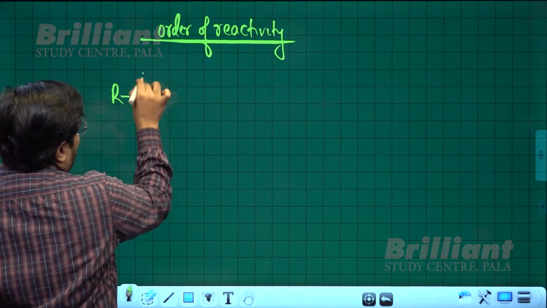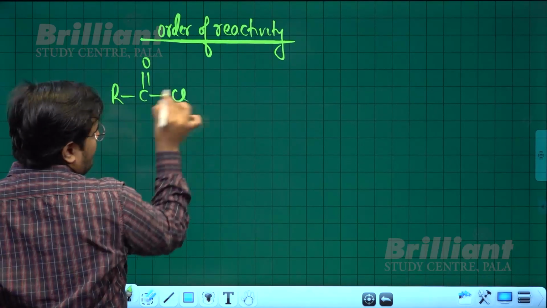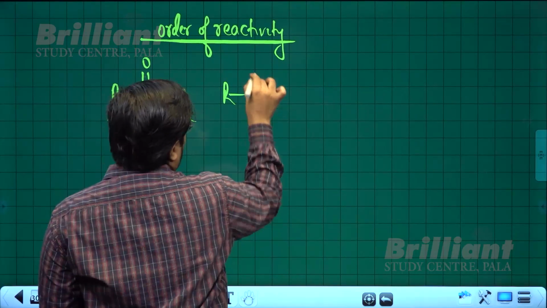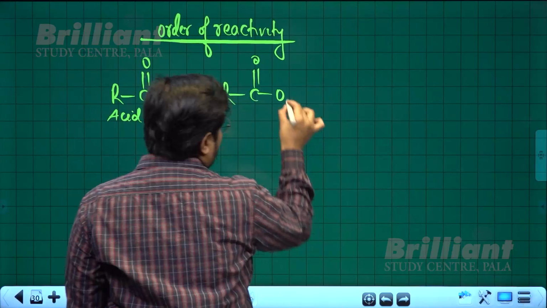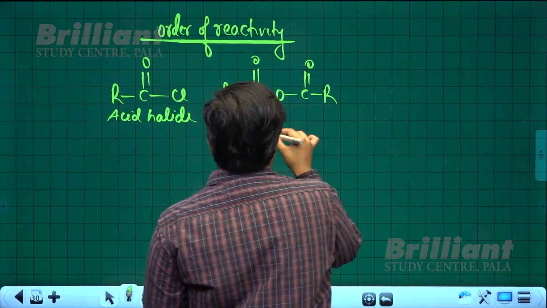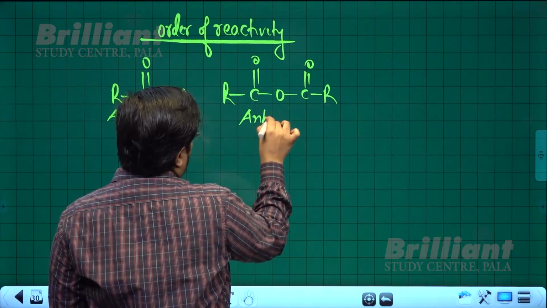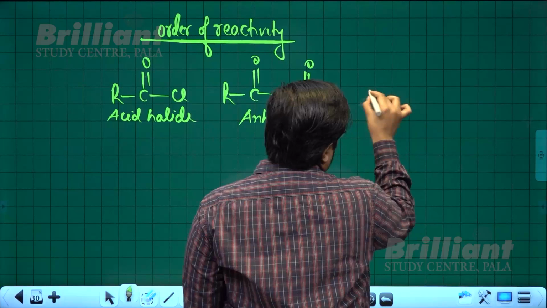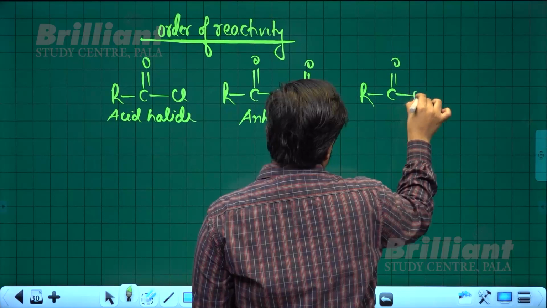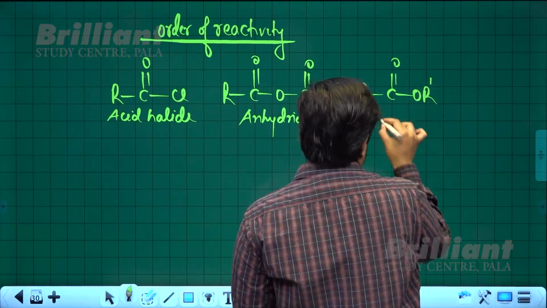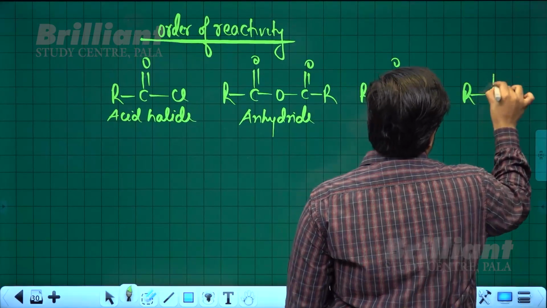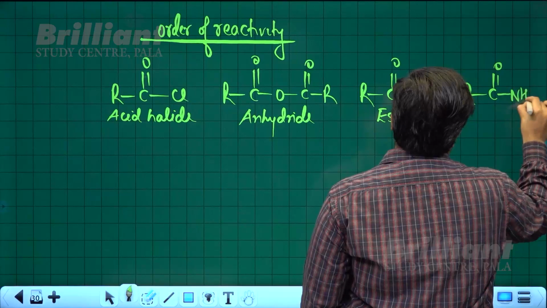So let's say I have RCOCl, which is acid halide. Then let's say I have RC double bond O, C double bond O, R. This will be anhydride. Then next will be RC double bond OR dash, this is my ester, RC double bond O NH2.